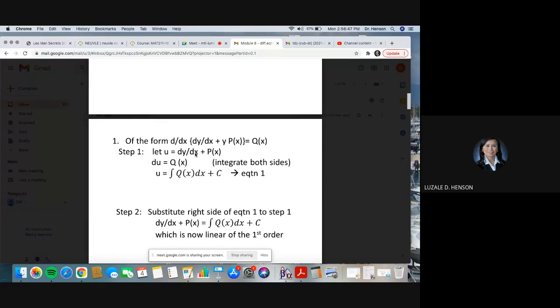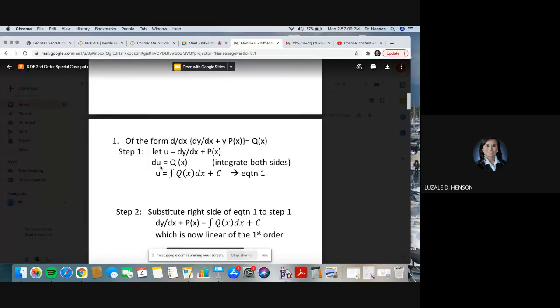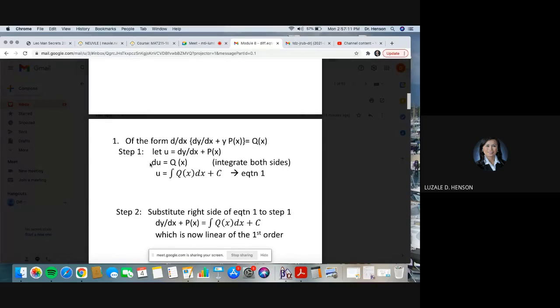You will remember your Fold and Bernoulli for this dy/dx plus p of x. And once you equate your u with this expression, this equation becomes du, or the derivative of u with respect to x, equals q of x. So that's why you can see here on the second line, du/dx equals q of x.